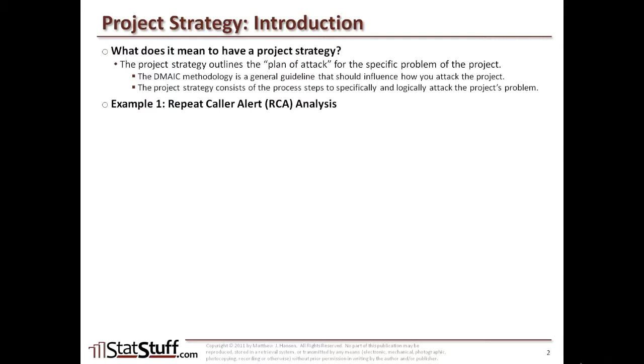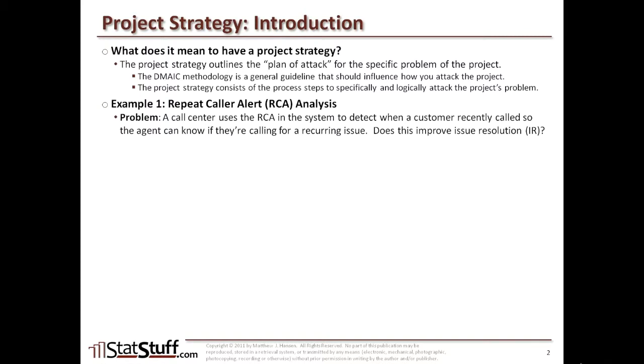In the first example, we're looking at what we call a repeat caller alert analysis, a metric called a repeat caller alert. The problem there was a call center that uses this repeat caller alert in the system as a way to detect whether a customer who's calling in had actually called in before.